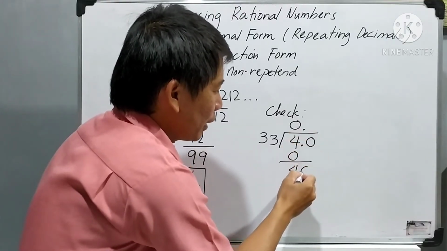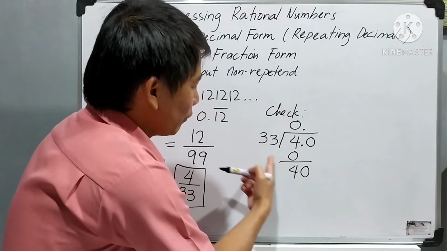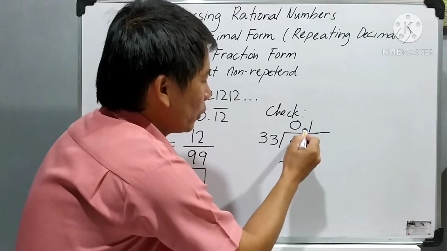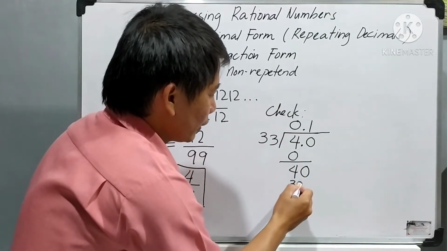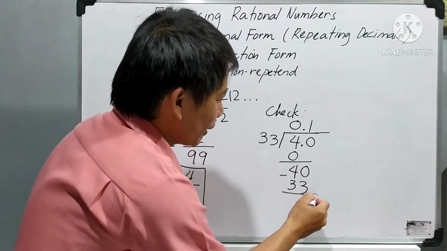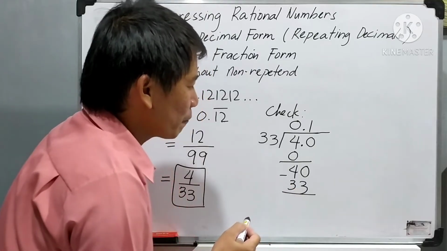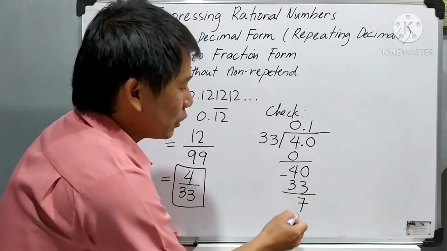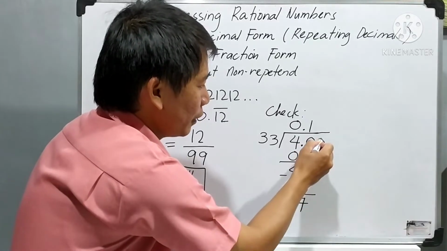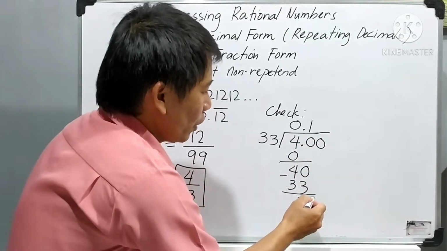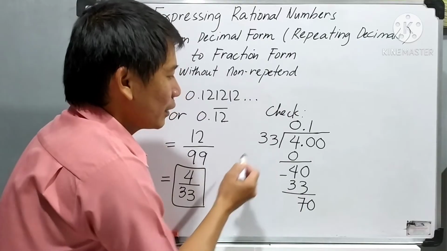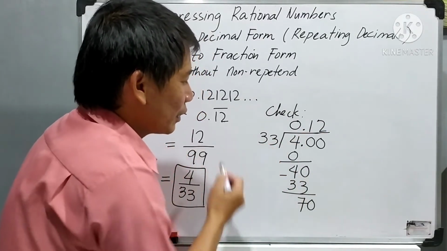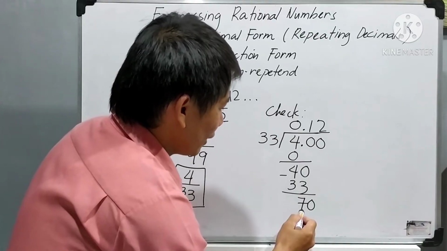Add 0, bring down that 0. So 40 divided by 33, the answer is 1. Okay. So 1 times 33 is 33. Subtract 40 minus 33, the answer is 7. Okay. Continue dividing, add 0 here, bring down that 0. So 70 divided by 33, that is 2. 2 times 33, that is 66.